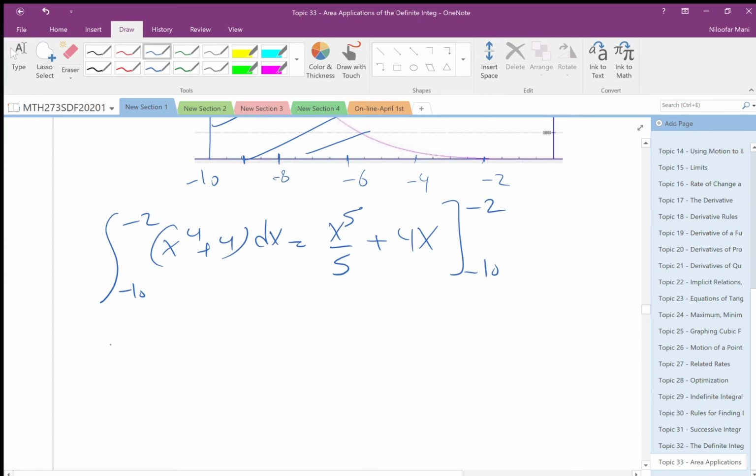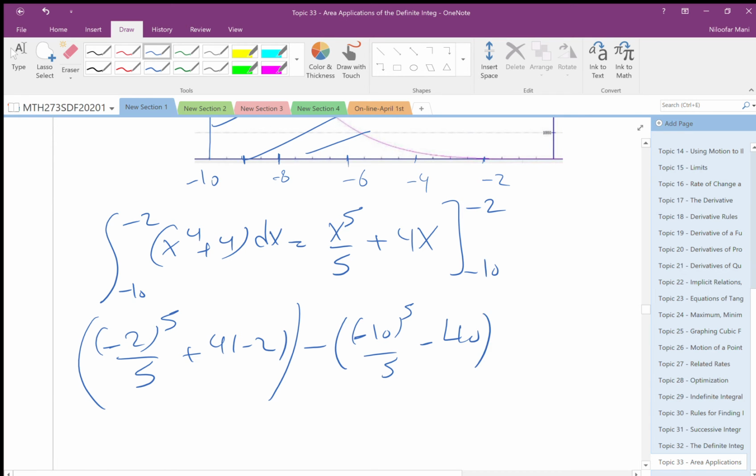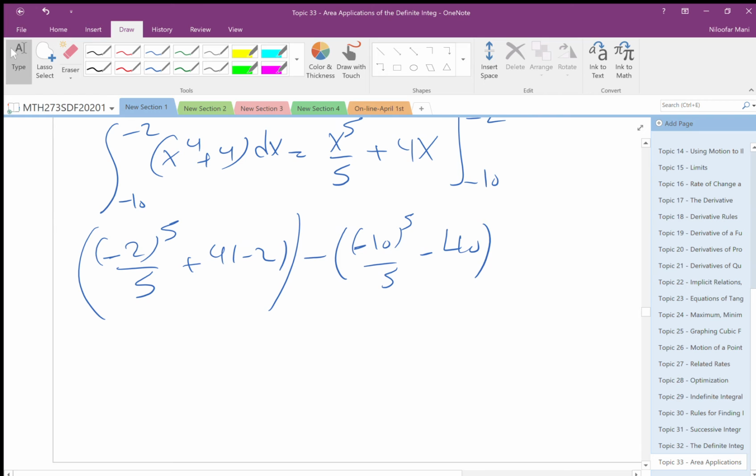So it is minus 2 to the power 5 divided by 5 plus 4 times minus 2, minus, then I have minus 10 to the power 5 divided by 5 minus 4 times minus 10. Then I can find the answer. This is minus 32 divided by 5, this is minus 8. This one is minus 100,000.